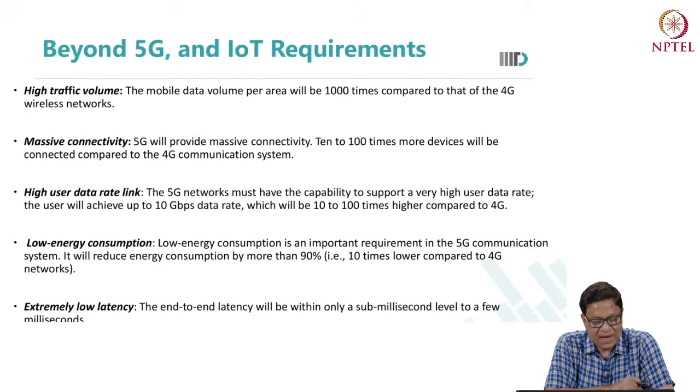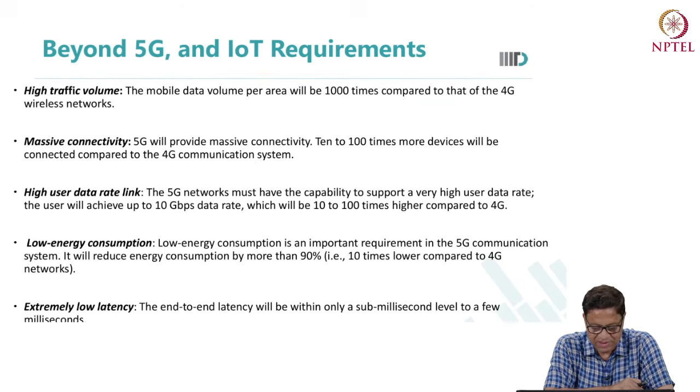We need massive connectivity. 5G provides massive connectivity, and the requirement is 10 to 100 times more devices as compared to 4G systems. You require very high user data rate links. The order of the data rate required in 5G is about 10 gigabits per second, which is actually 10 to 100 times higher than 4G.